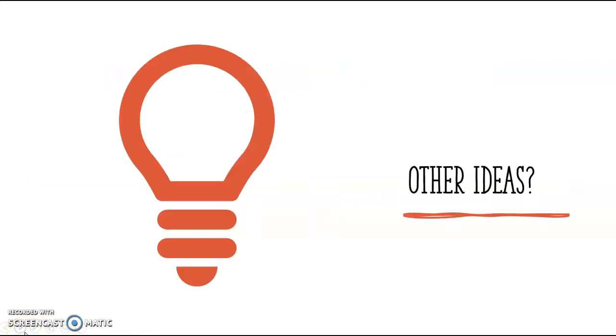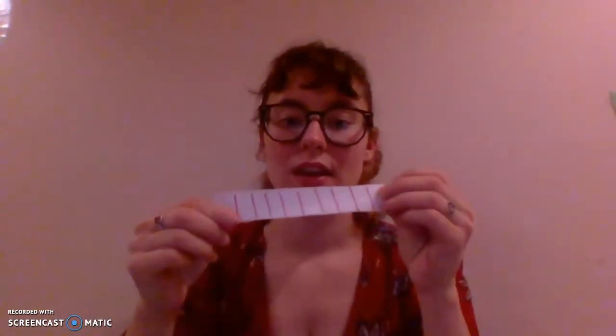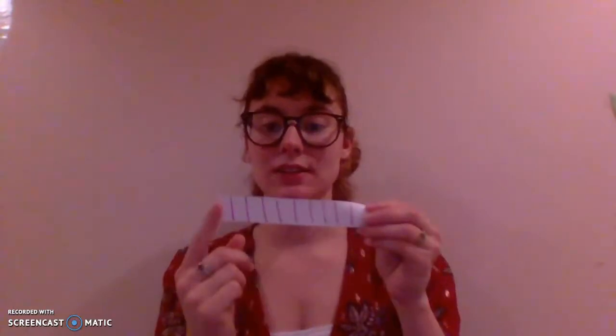Other ideas that we can use at home include creating our own manipulatives. I can get this manipulative that I created. I just cut a sheet of paper and then I put 10 lines on it.